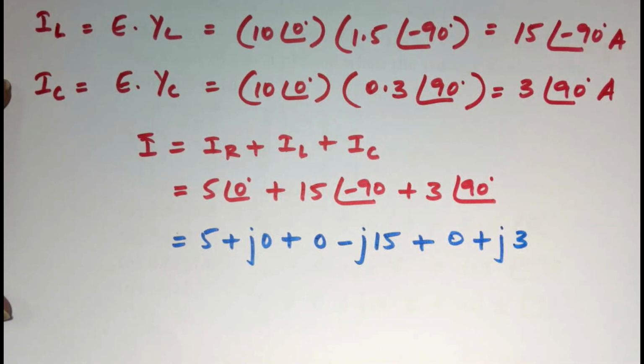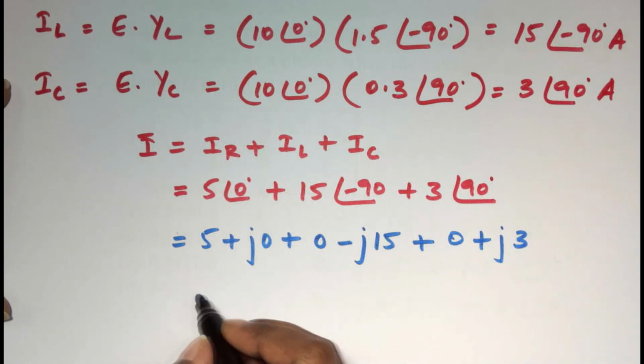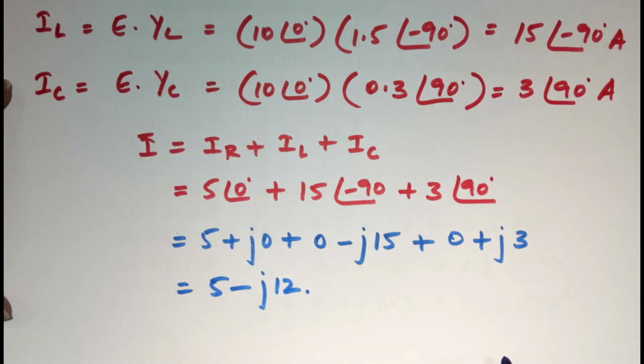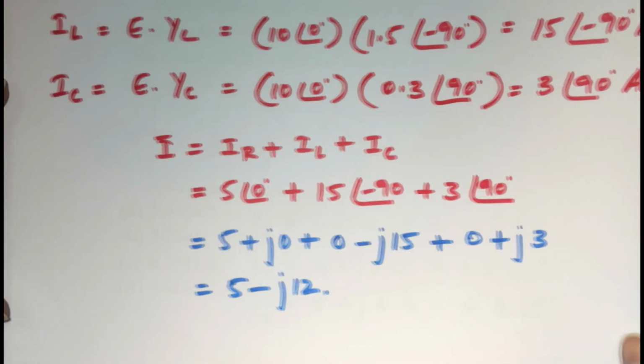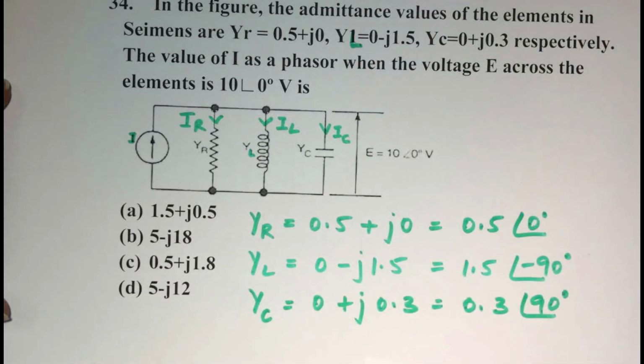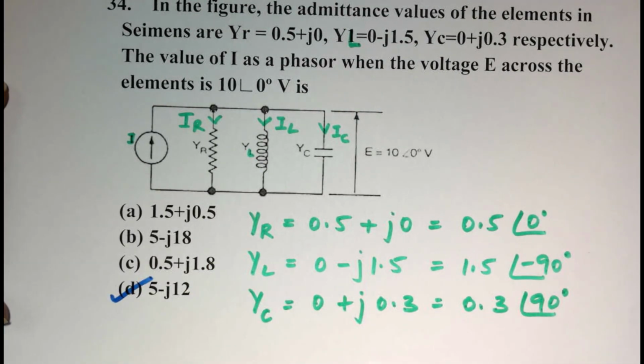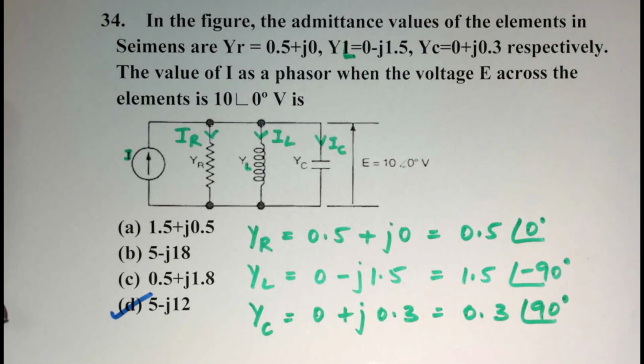I hope this is clear so far. Now we add everything up and this gives us a value of 5 minus j12. Our options given in the question are in rectangular form. So 5 minus j12 is option D. So for this question the final answer is 5 minus j12, option D.